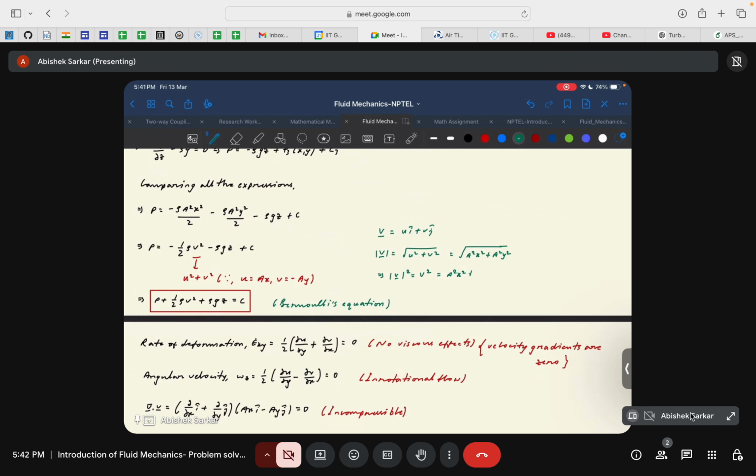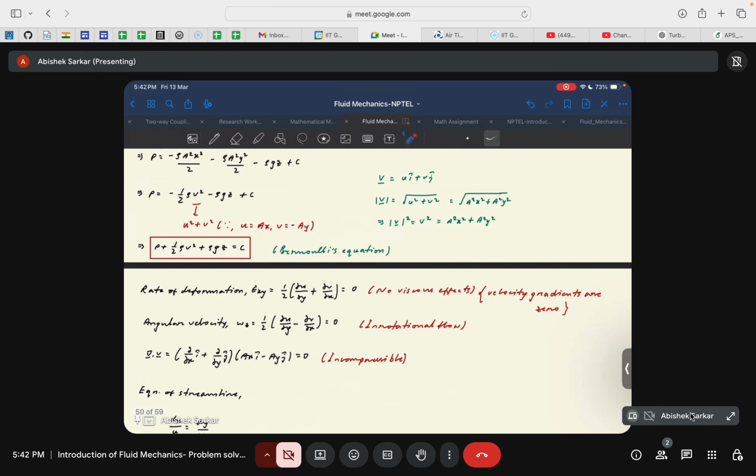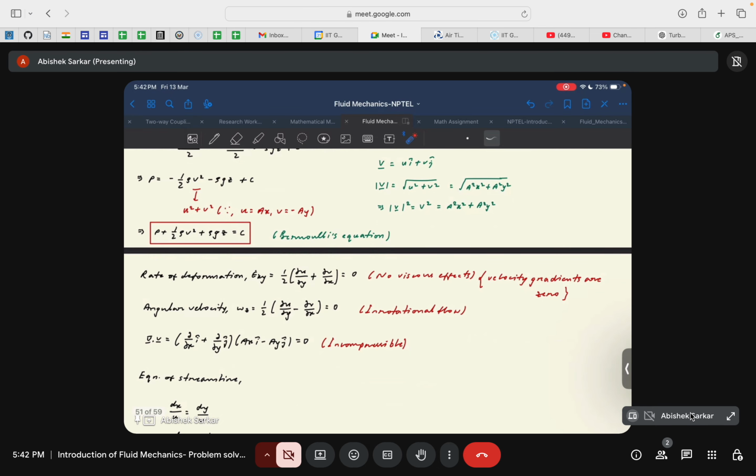Now if you use this simplification back into this equation, you will get P is equal to half rho V square minus rho g z plus c. Okay. Now if you take these expressions to the left hand side of the equation, you will end up with P plus half rho V square plus rho g z is equal to some constant c, which is the Bernoulli's equation.